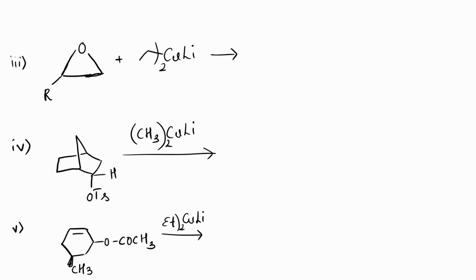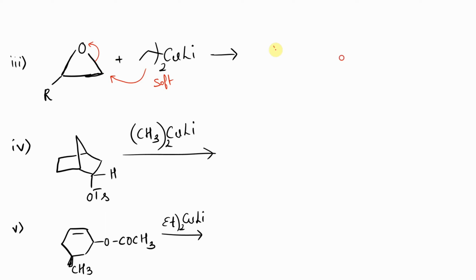Being a soft reagent, the organolithium Gilman reagent attacks the less sterically hindered position, because this carbon has more bonds, or higher atomic bonds, compared to this carbon. So the organolithium compound attacks over here, and this bond breaks to give the ring-opened product.